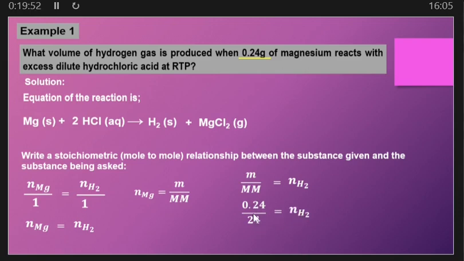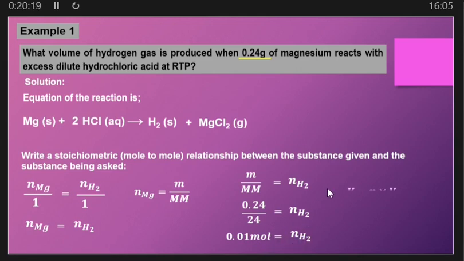When we divide 0.24 by 24, we get 0.01 mole, which is equal to the number of moles of hydrogen gas. Now we know the number of moles of hydrogen gas.